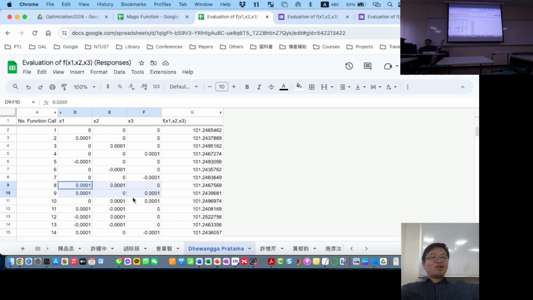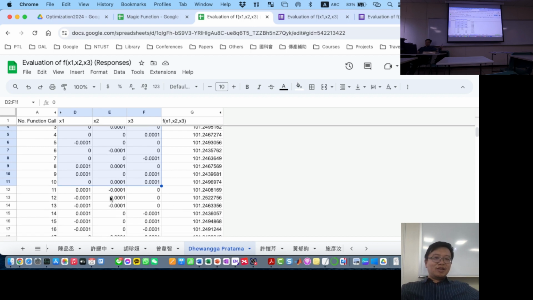If you have no idea why he did this, that means you didn't fully understand finite difference. When you see this, if you think, okay, this is right, then you understand finite difference. But I think this part is not necessary.